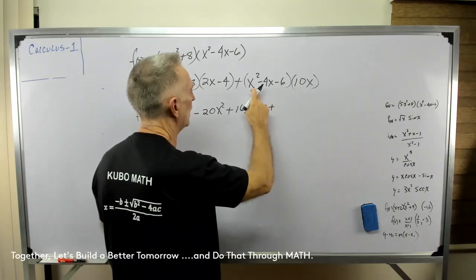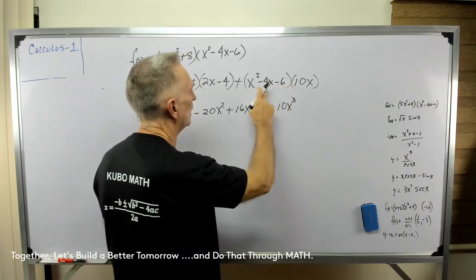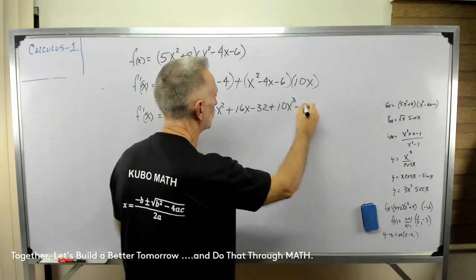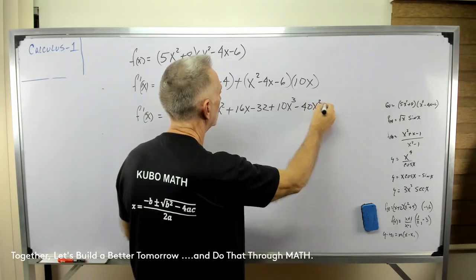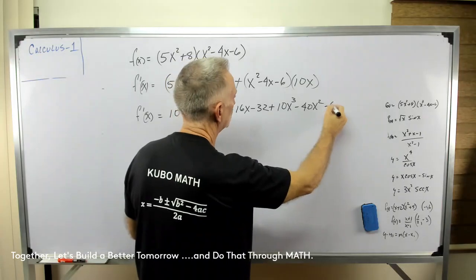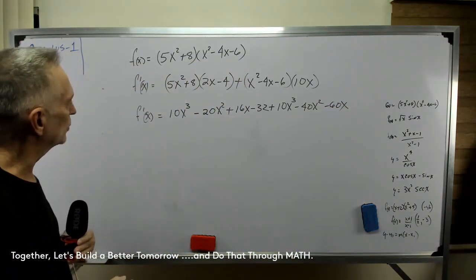10x times x squared would be 10x cubed. 10x times negative 4x would give me minus 40x squared. And then 10x times a negative 6 would give me negative 60x. Wow, we got a bunch of terms here.